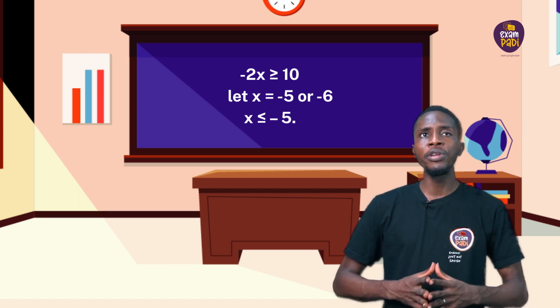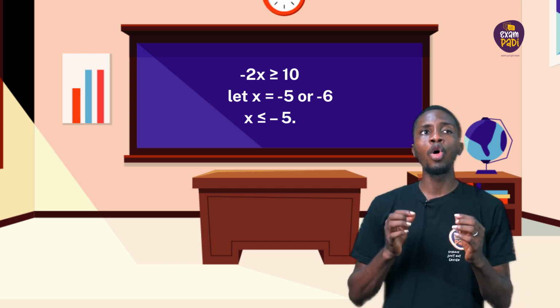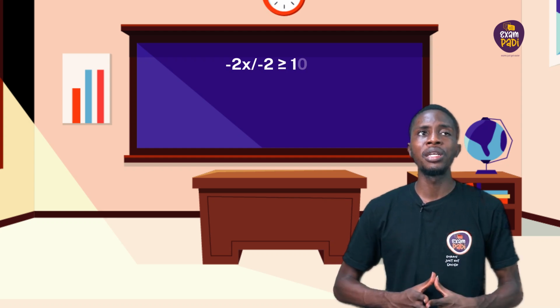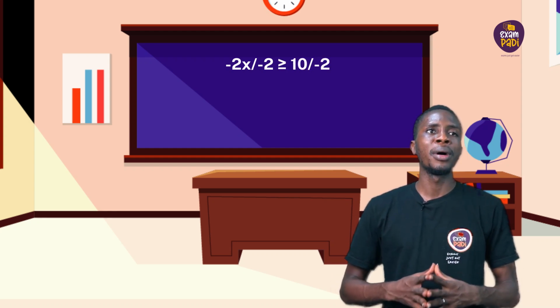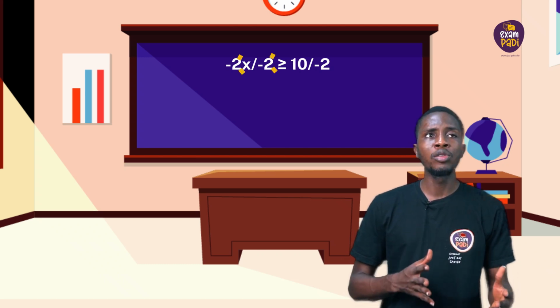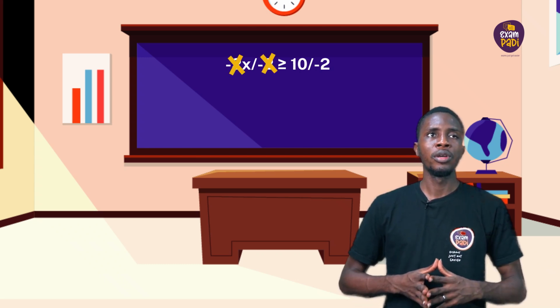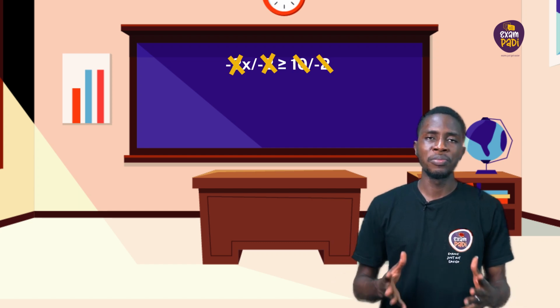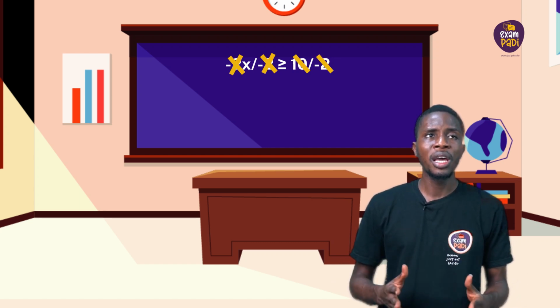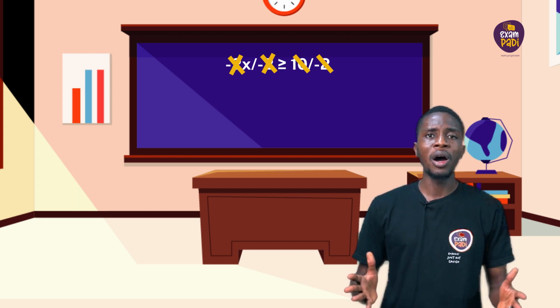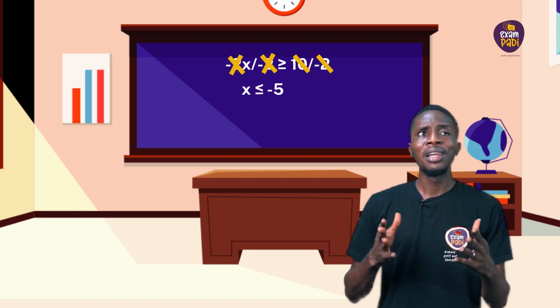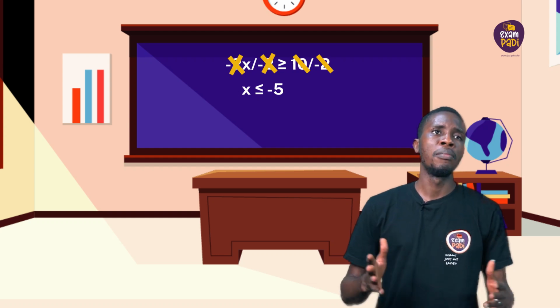In the process of solving this inequality using algebraic methods, you would have something that looks like the following. Minus 2x divided by minus 2 greater than or equals to 10 divided by minus 2. Minus 2 would cancel minus 2. 10 divided by minus 2 is minus 5. Therefore, there will be a change in sign. As said earlier, our final answer will give x less than or equals to minus 5.